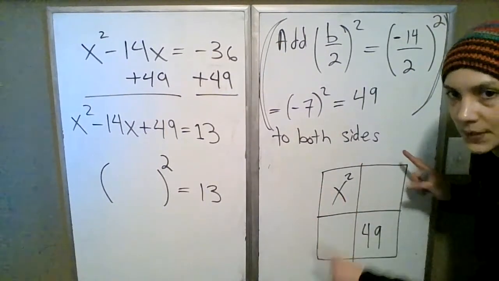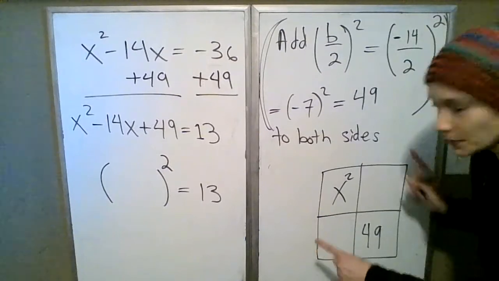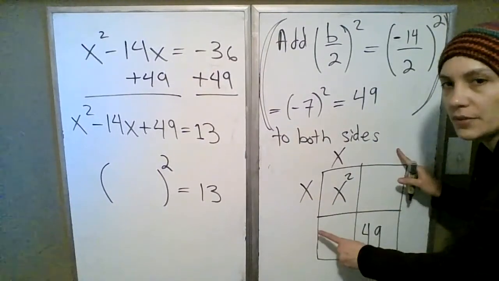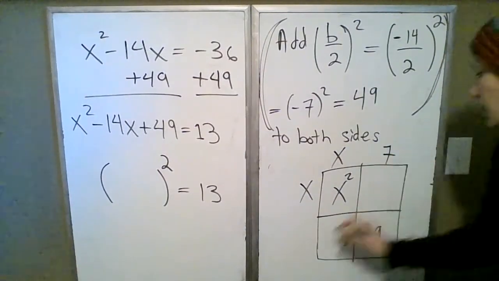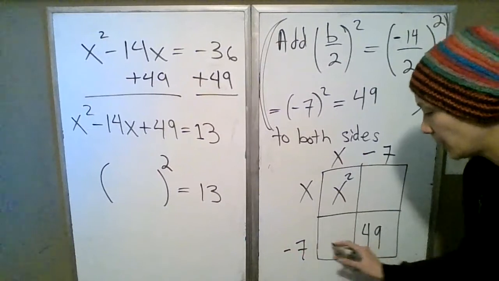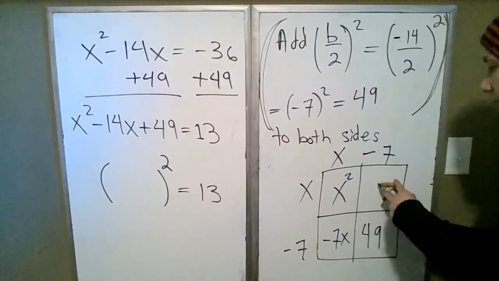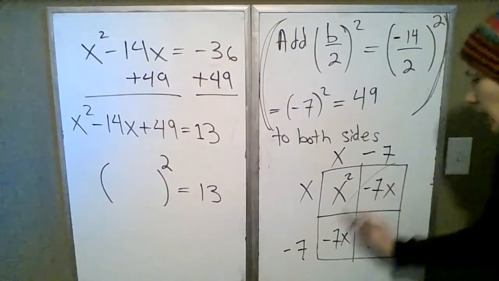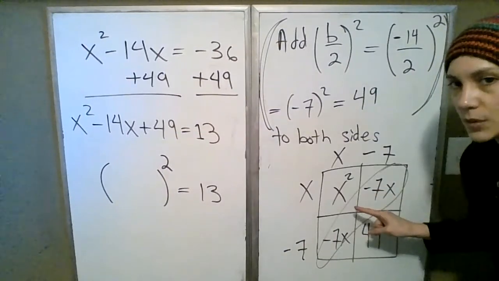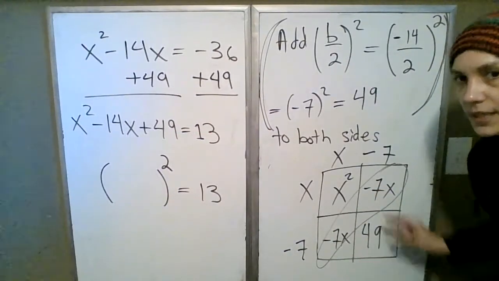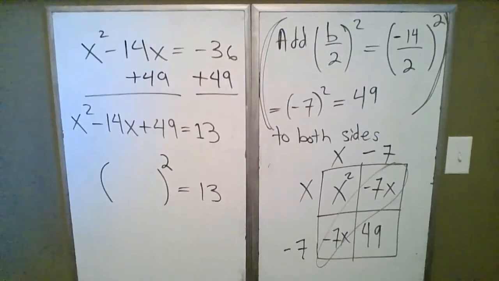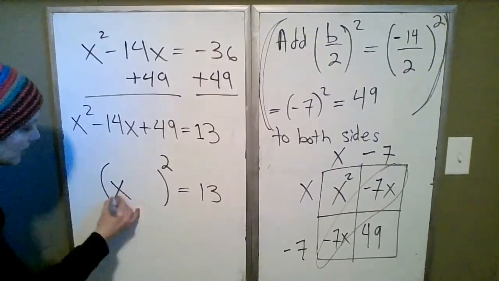Start to get the sides. They should both match. X times x is x squared. And 7 times 7 would be 49. And if it's negative 7, negative 7x and negative 7x, which would add to negative 14x in the middle. So x squared minus 14x plus 49 is x minus 7 times x minus 7. X minus 7 squared.